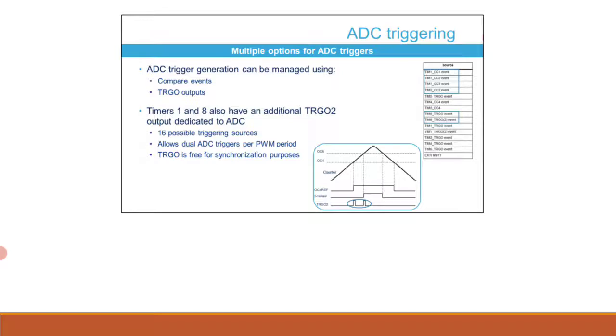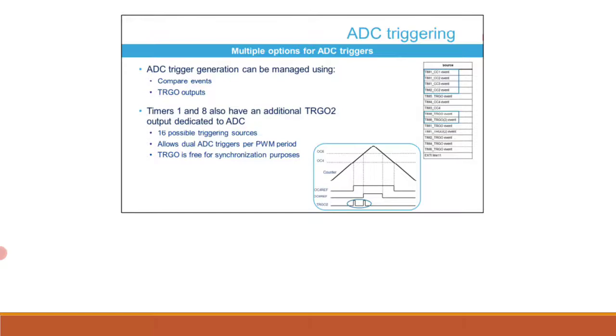The TRGO out event can also be used on certain timers. This gives extra flexibility since the TRGO can be any of the compare events or timer internal control signals such as register update, counter reset or trigger input. On the other hand, this prevents the TRGO from being used for synchronization purposes.